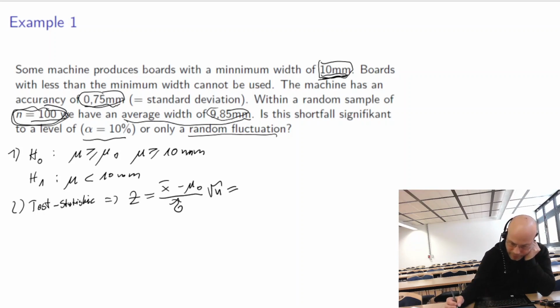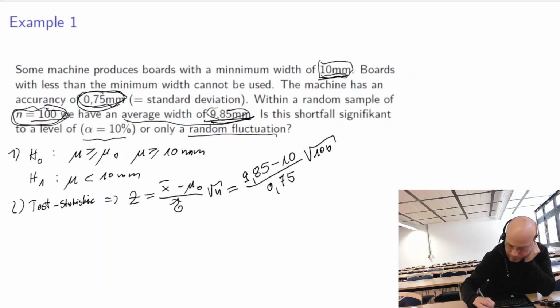Putting in these numbers: 9.85 minus 10, standard deviation 0.75, times square root of n, which is square root of 100.